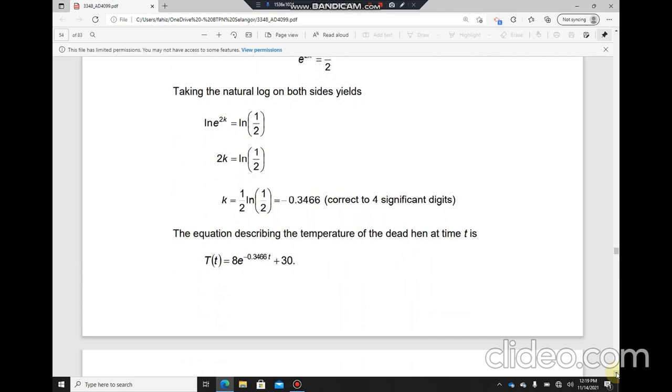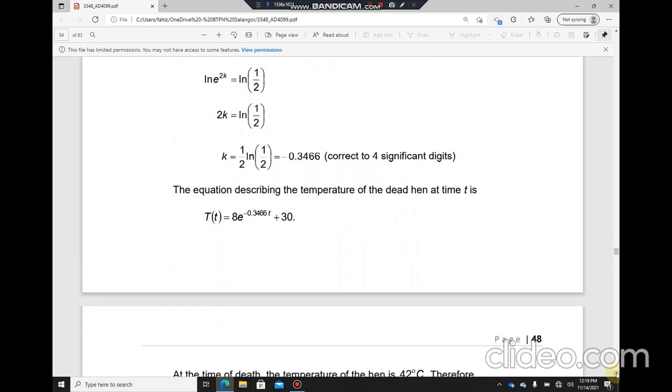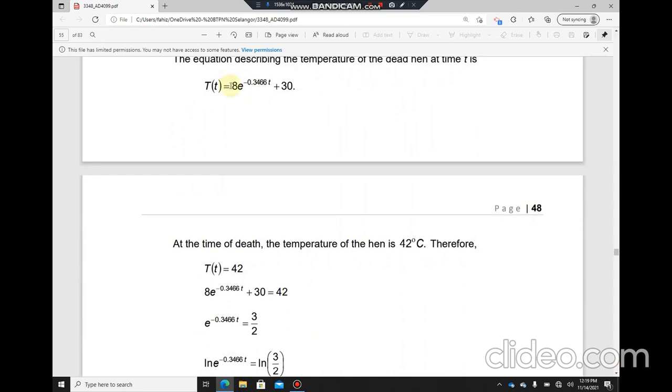The equation describing the temperature of the dead hen at time T is, so awak dah gantikan kat sini, dah ada nilai A which is 8 and then dah ada nilai K which is negative 0.3466 T. So you get this equation.